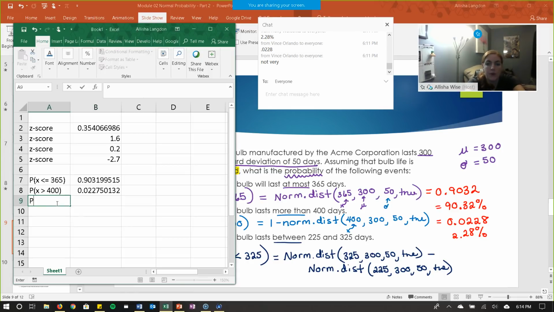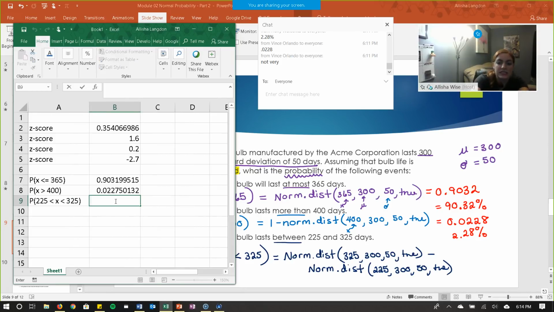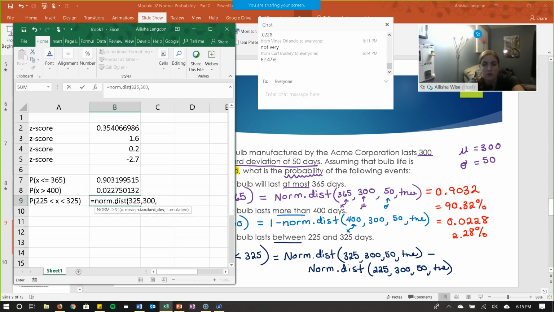So let's go ahead and plug this in. Probability that my X is between 225 and 325. Did anybody calculate this already? Norm.dist 325. My mean is 300. My standard deviation is 50 and true.